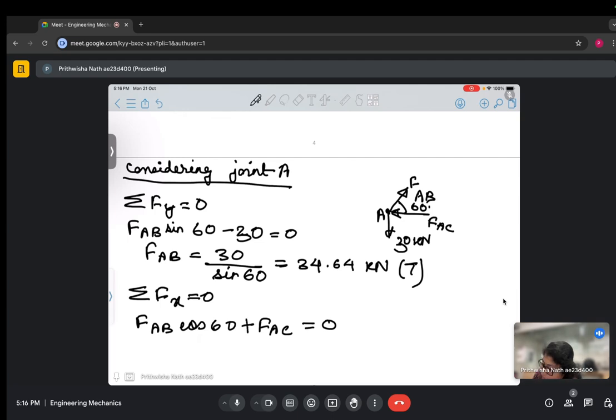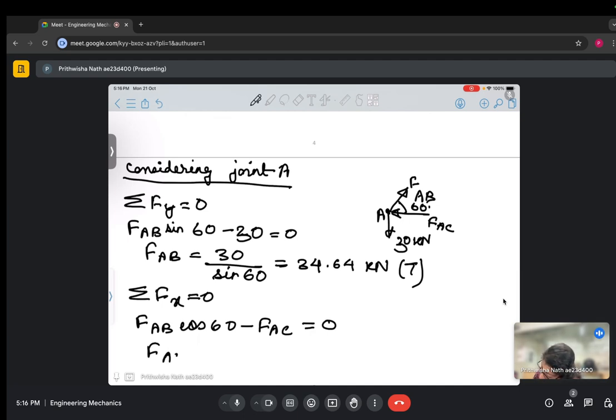So we will write like this. I've assumed the FAC's direction to be negative, so this will be minus only.